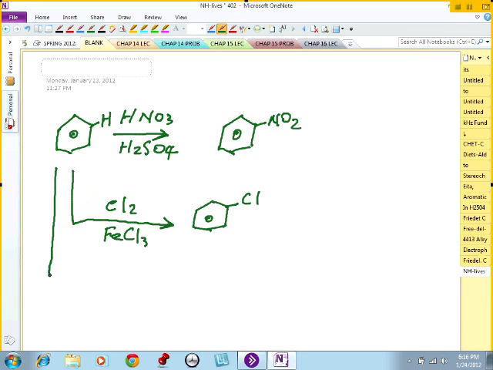Now supposing I take the same benzene and I use this reagent here, sulfur trioxide in the presence of sulfuric acid. What is the product? Okay, Jessica said benzene sulfonic acid. Excellent, good.